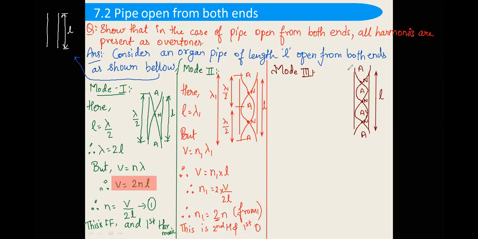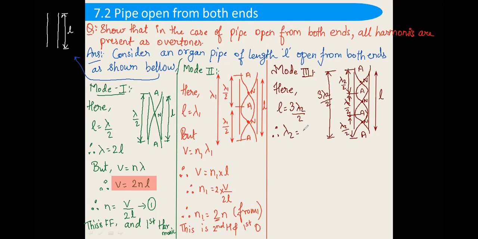So what about these adjacent antinodes? This is lambda by 2. So this is lambda 2 divided by 2, lambda 2 divided by 2, and again lambda 2 divided by 2. In general, how much is the total? Total it is 3 lambda 2 divided by 2. So what we can say here, L is equal to 3 lambda 2 divided by 2. What is the value of lambda 2 then?